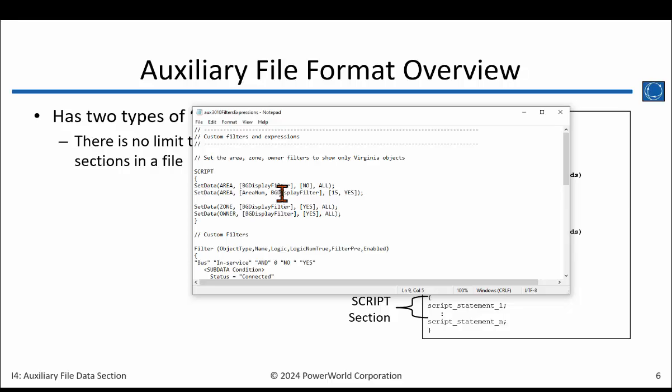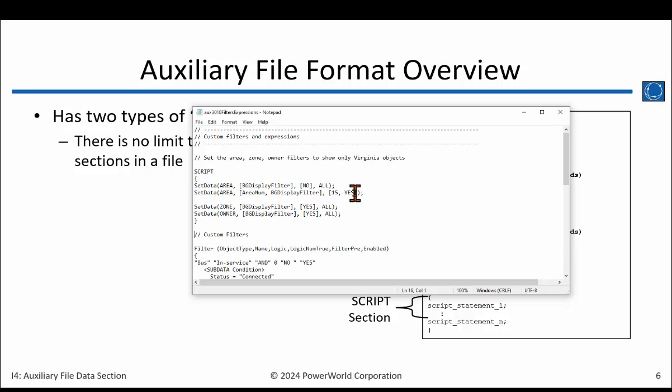It has some script actions. Set data is the name of the script action. And in the other section where we talk more about scripts, we'll talk about those commands and the references that you can use to figure out what commands to use for what actions and the syntax of those commands. But they always end in a semicolon if it's a script action.